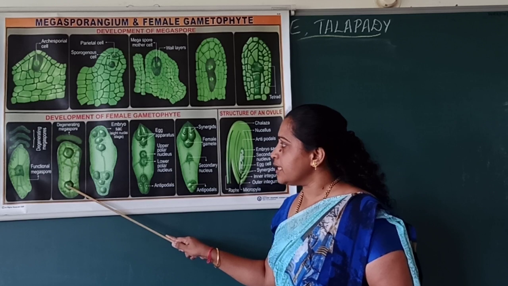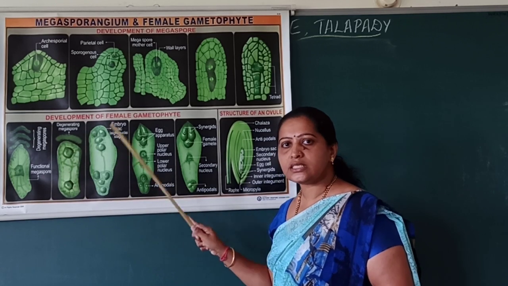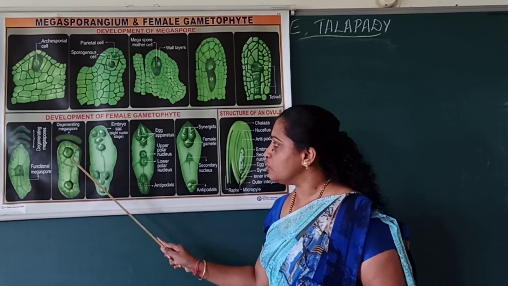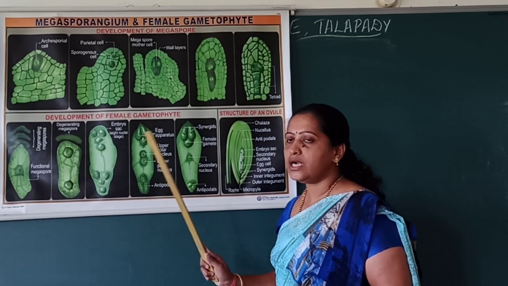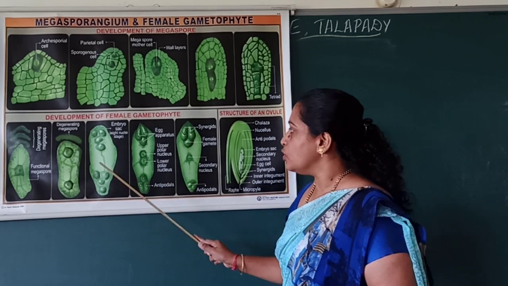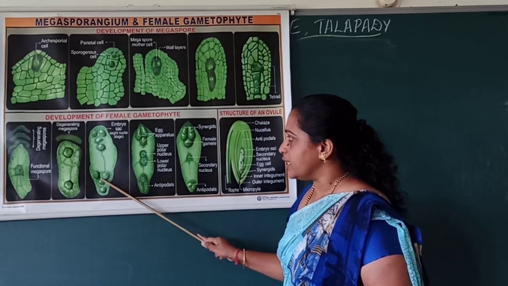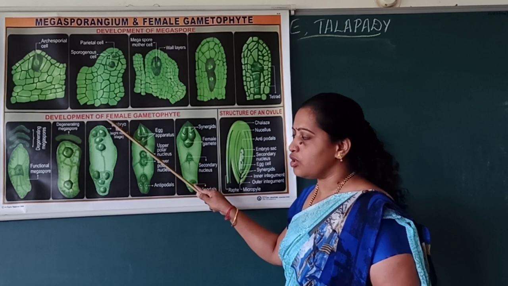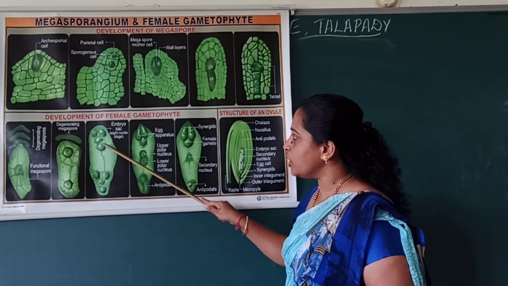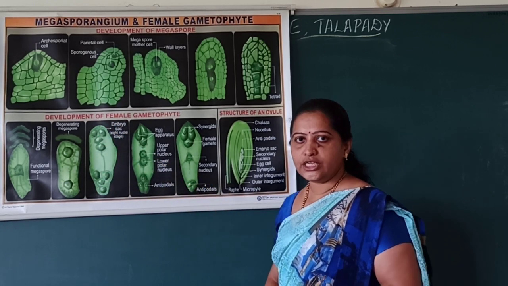The two nuclei again undergo successive nuclear division to form four nuclei, and the four nuclei again undergo nuclear division to form 8 nuclei. If you observe this diagram, you can see that there are 4 nuclei towards each pole.